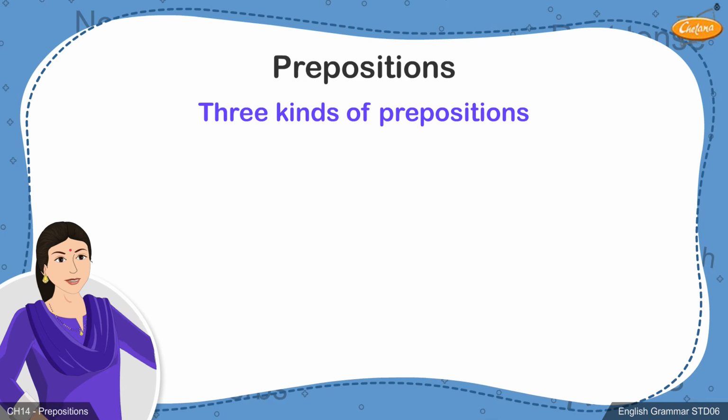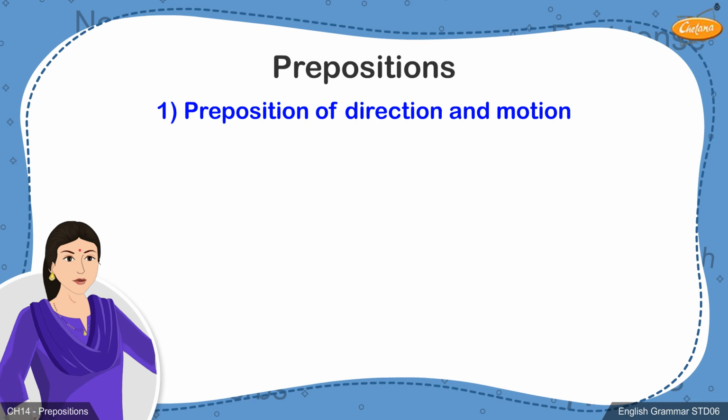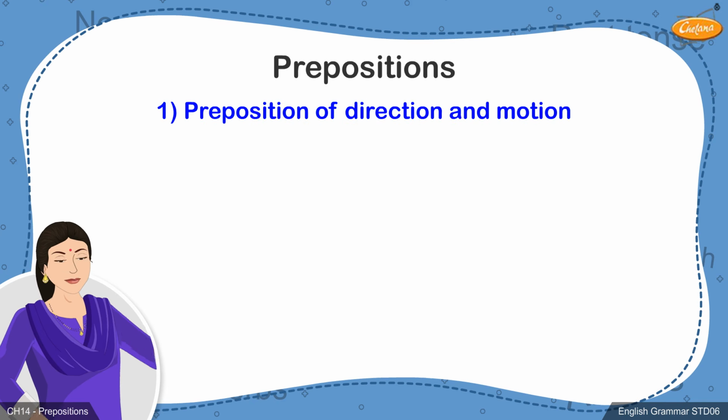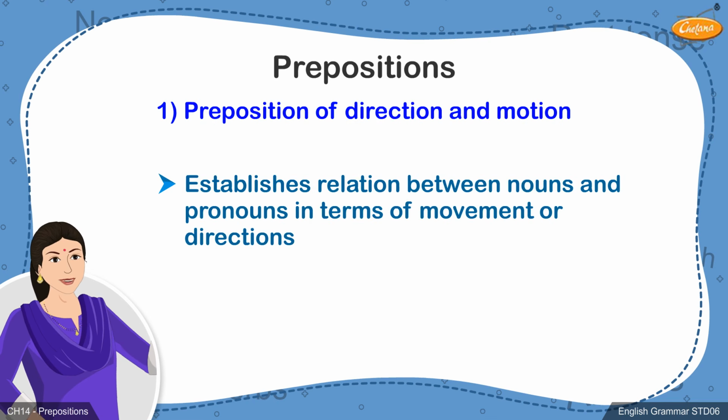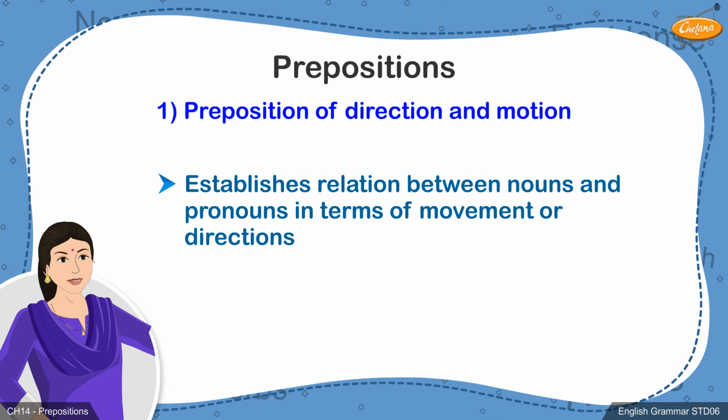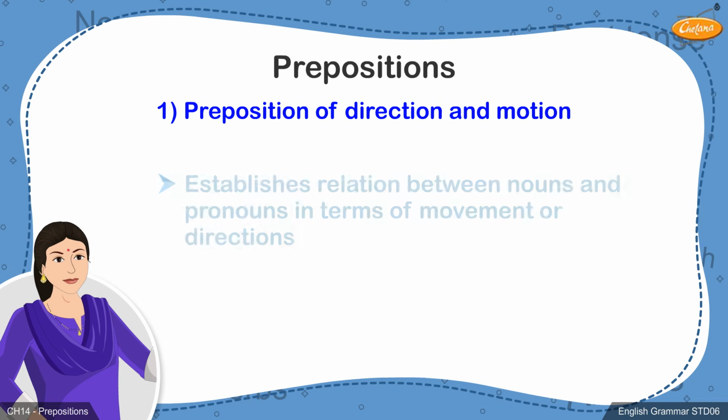Three of the most important ones are prepositions of direction and motion. Such prepositions show the relation between multiple nouns or pronouns in terms of the direction or movement of the nouns.